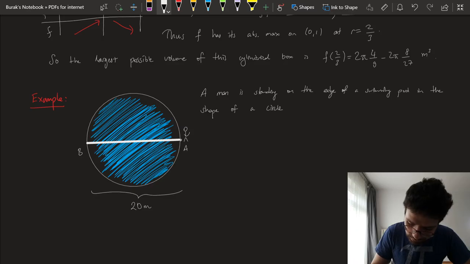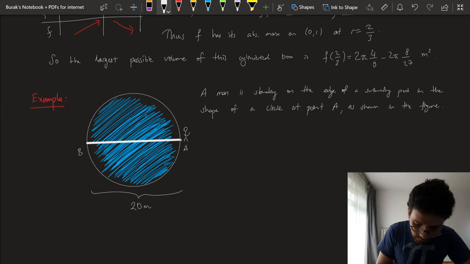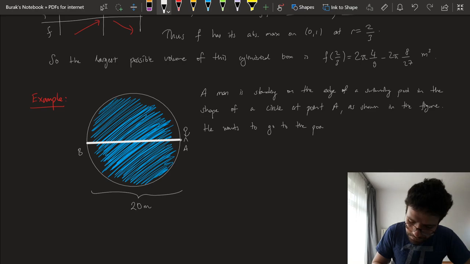At point A as shown in the figure. He wants to go to the point B as quickly as possible.